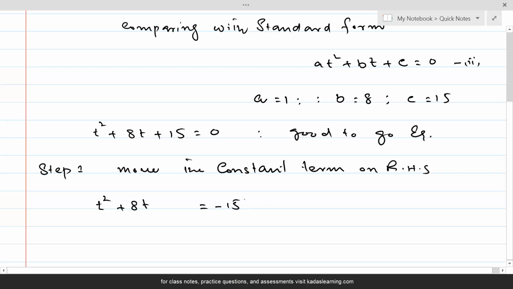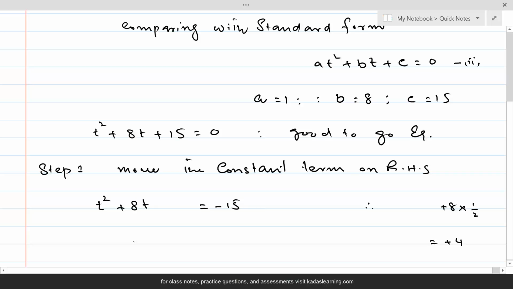Once we have moved the constant term on the right hand side, and we already have made sure that the coefficient of t square is 1, now in this rough area write the coefficient of t. So the coefficient of t is plus 8, just multiply it with 1 over 2. What we get in the answer is plus 4.